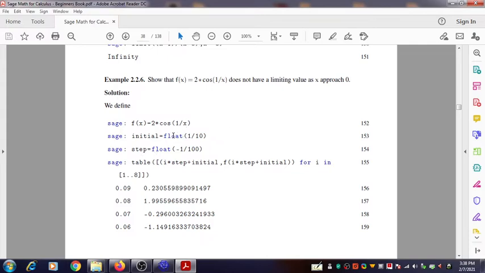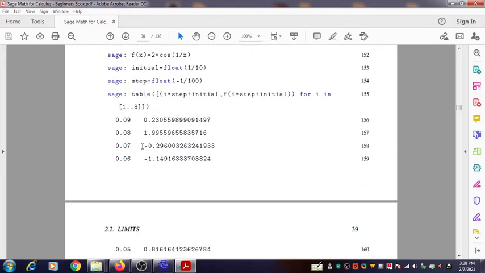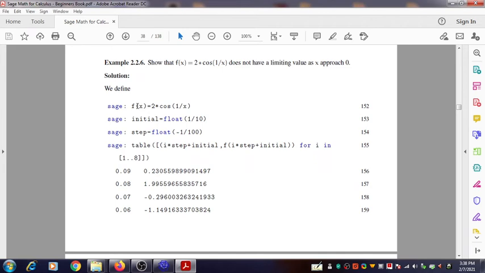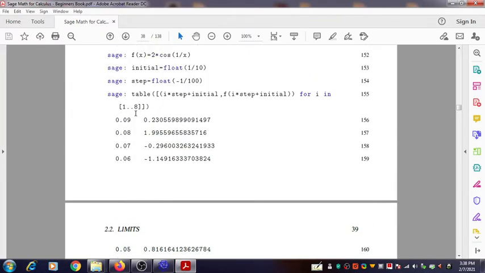It's exactly as in the previous case, but here we consider the integer variation of i from 1 up to 8 only. Then we use these commands to obtain the values.